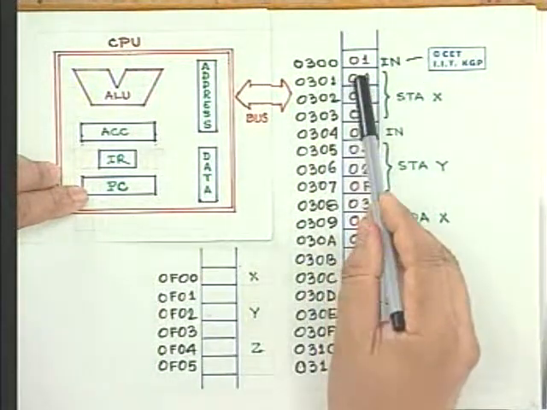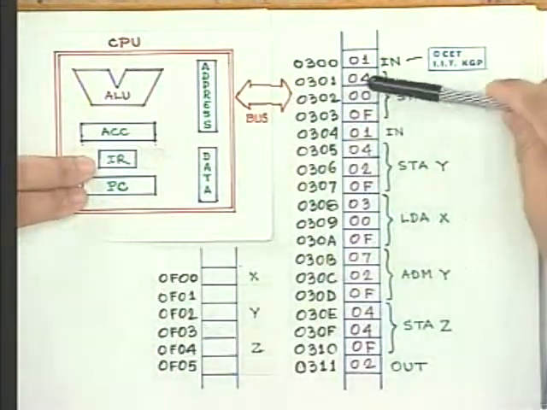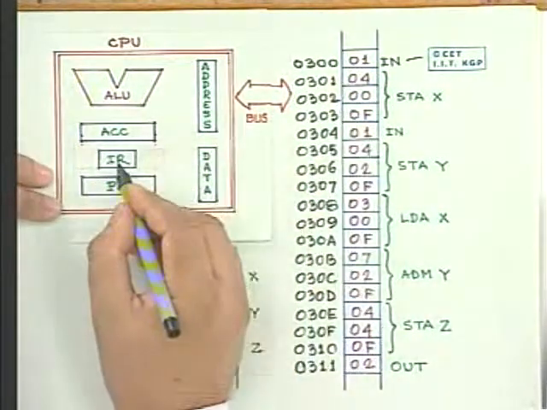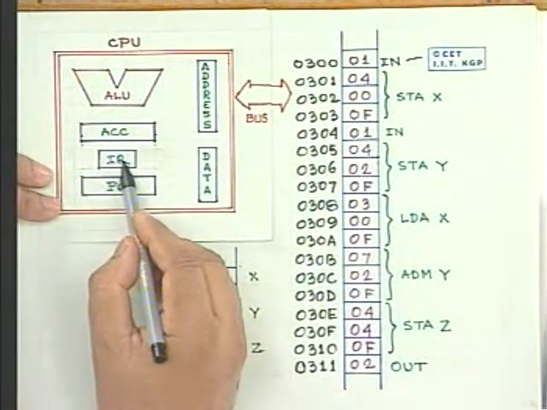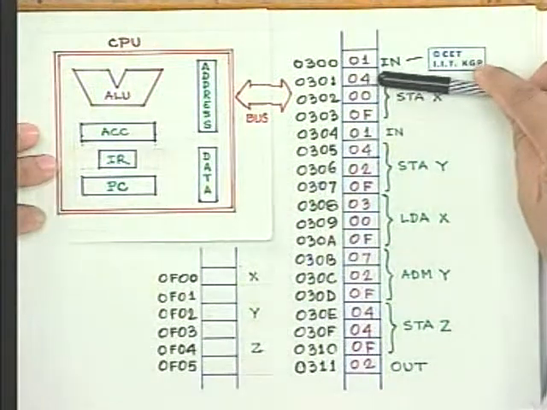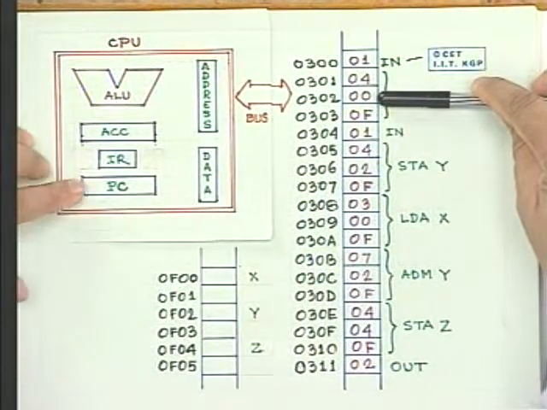That means 04 now is coming into the instruction register. By the time this instruction register is decoded, the program counter is automatically incremented to point to the next location, right?